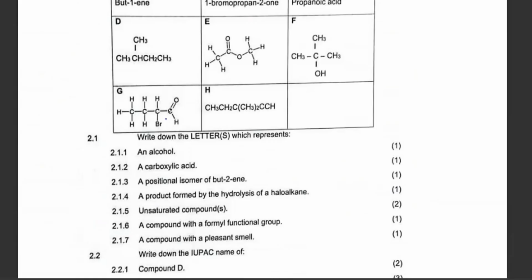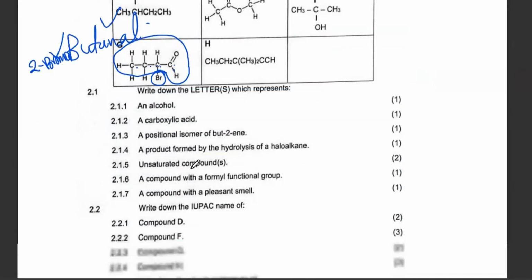First of all, it's this 1, 2, 3, 4. That is butanol. But it has a side group, which is on 1, 2. So it's going to be 2-bromo-butanol. Yes, so you get marks. In most cases, they'll mark you here and here. Then we go to the next question.